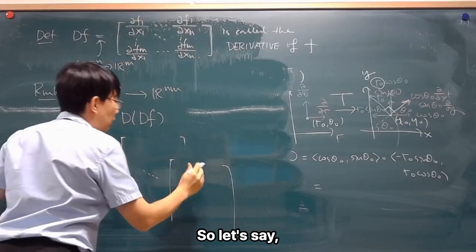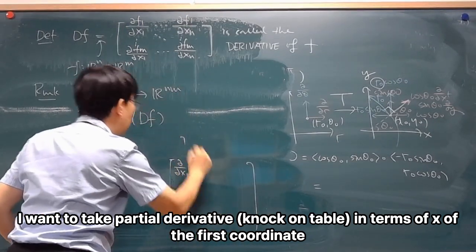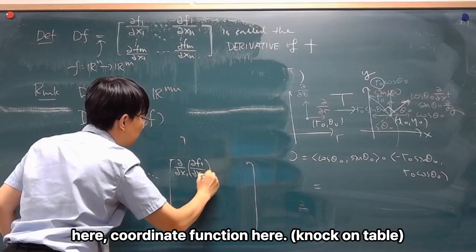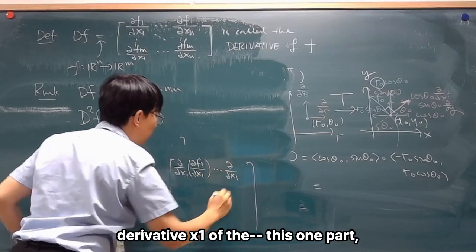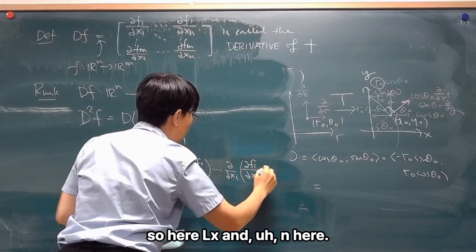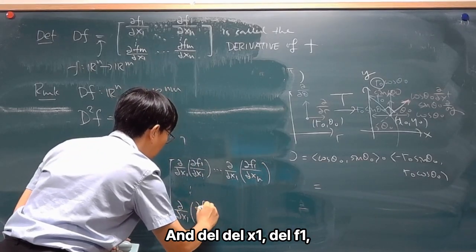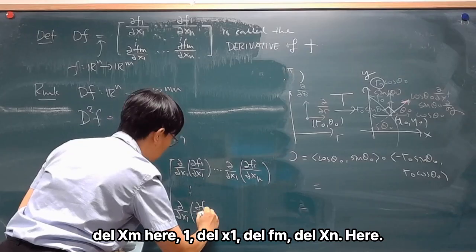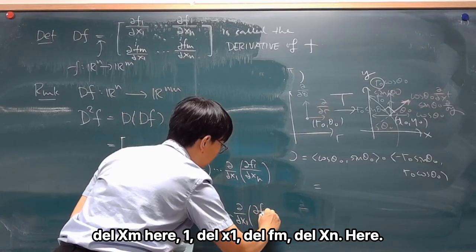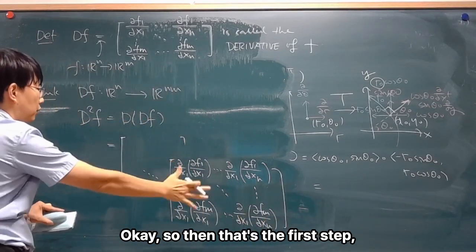So let's say I want to take the partial derivative in terms of x1 of the first coordinate function, del f1 over del x1, up to del f1 over del xn, and del fm over del x1, up to del fm over del xn. Okay, so that's the first step.